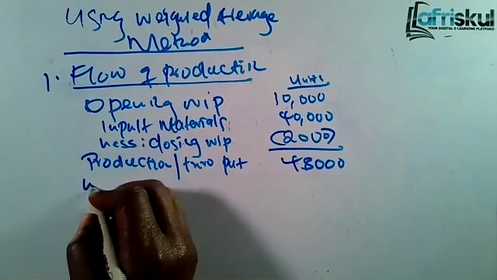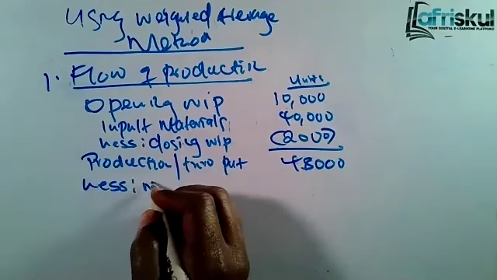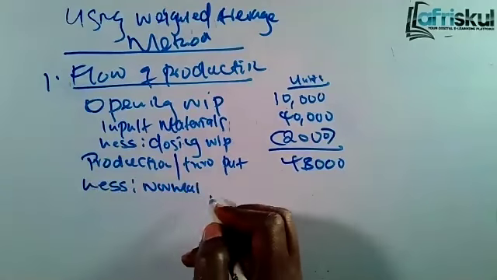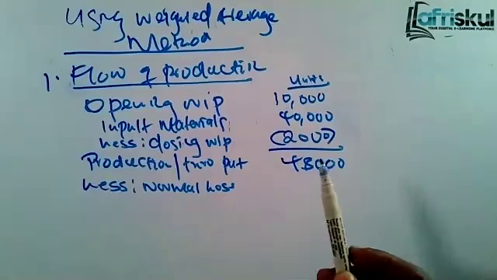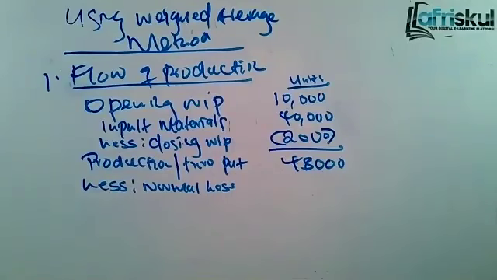And then you less normal loss. According to the question, normal loss is 5% of the throughput. So you need to be very careful of the instruction on where the normal loss will emerge. Sometimes the question will direct you that the normal loss will be based on the input material or the throughput, like in this question it is throughput.